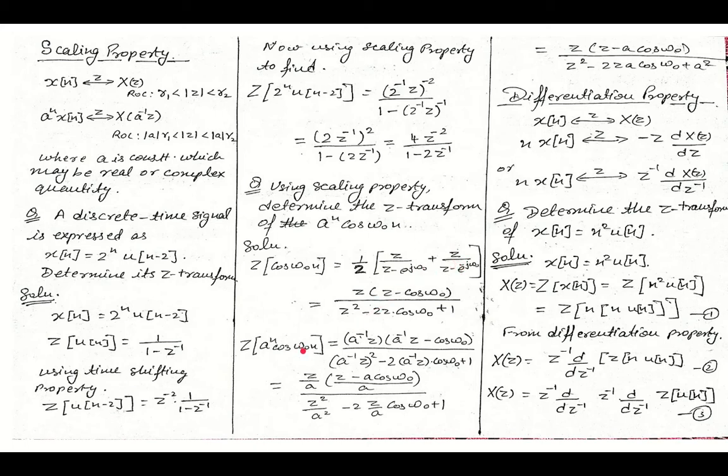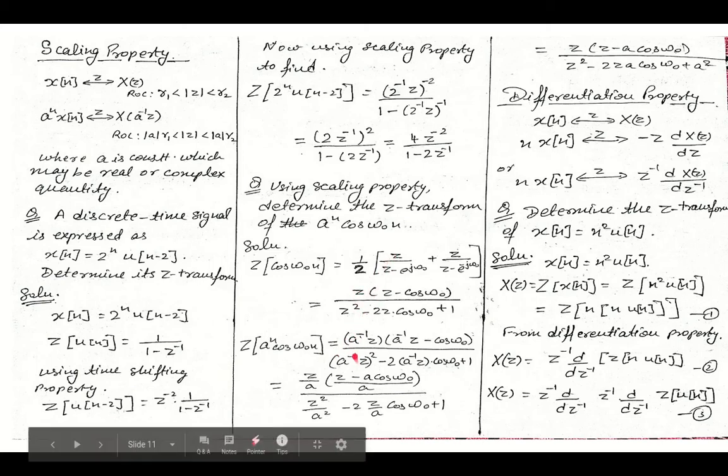Okay, so if I multiply it with a to the power n, it will be scaling the output. For scaling, we know that wherever there is z, we can multiply it with a inverse. So we have a z over here, so we can multiply it with a inverse.